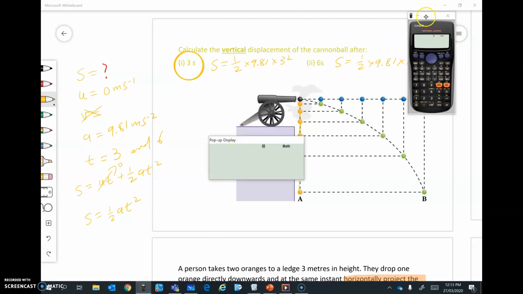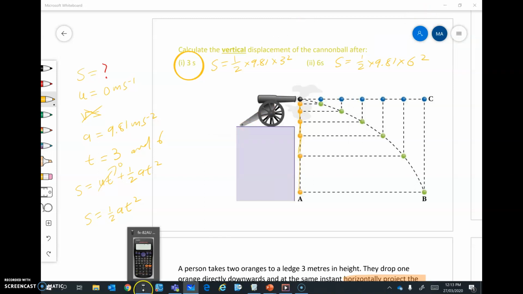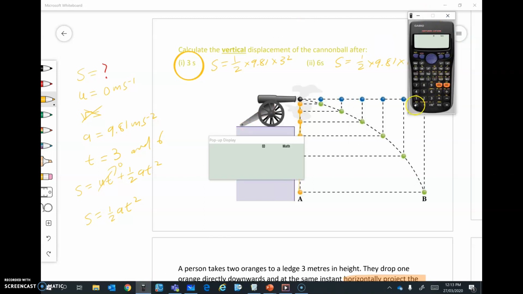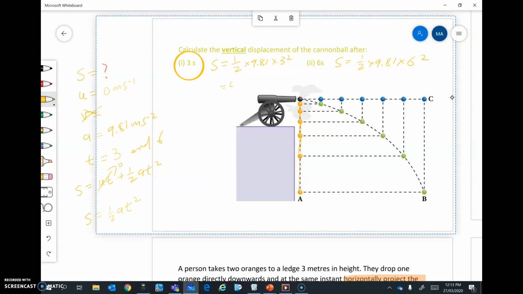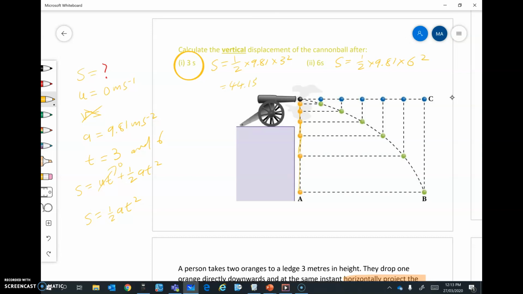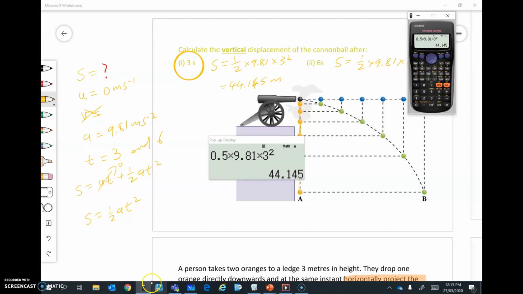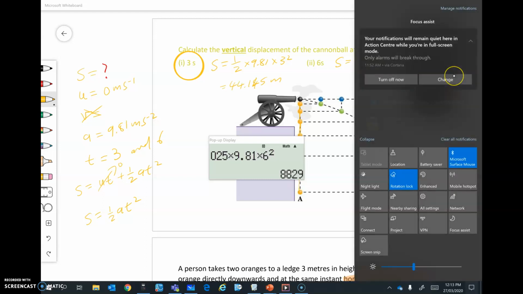So, 0.5 times 9.81 times 3 squared is 44.145. And 0.5 times 9.81 times 6 squared is, oh, that's not right, is it?